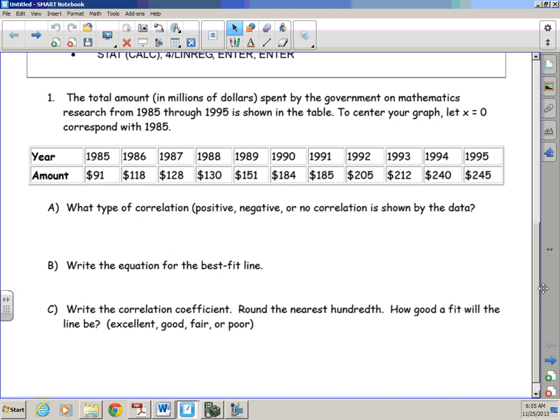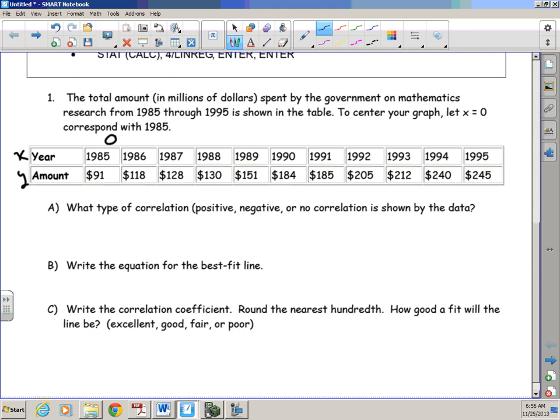Okay? So what we have is money spent by the government on math research from 85 to 95. Now, you have to understand that you still have to identify that the year is X and the amount is Y, and you're going to see how we use that in a moment. Instead of putting in the year 1985, you're going to put in 0.